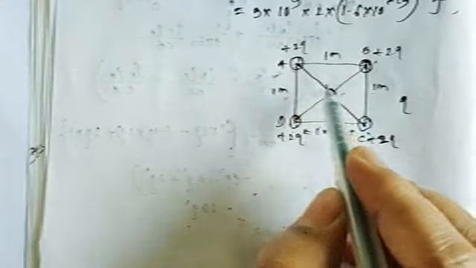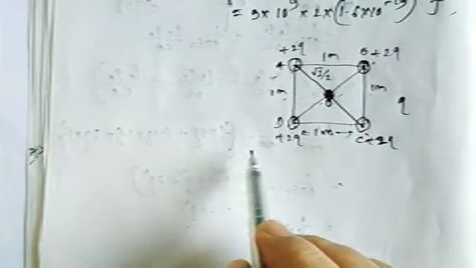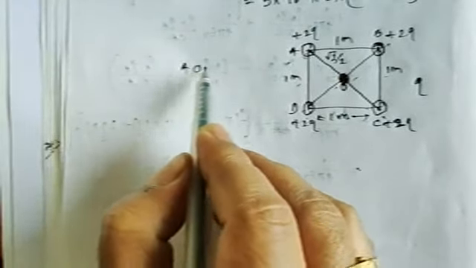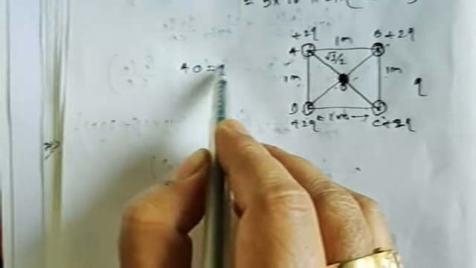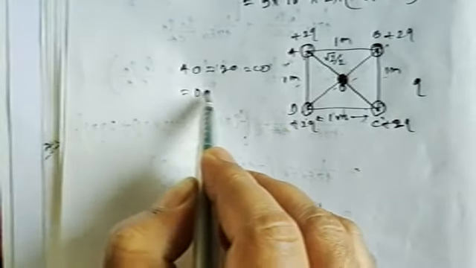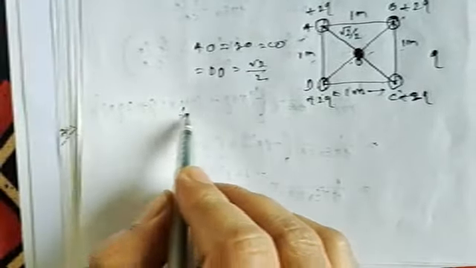Therefore this distance will be root 2 by 2, as it is half of this. Therefore AO equal to BO equal to CO equal to DO equal to root 2 by 2.